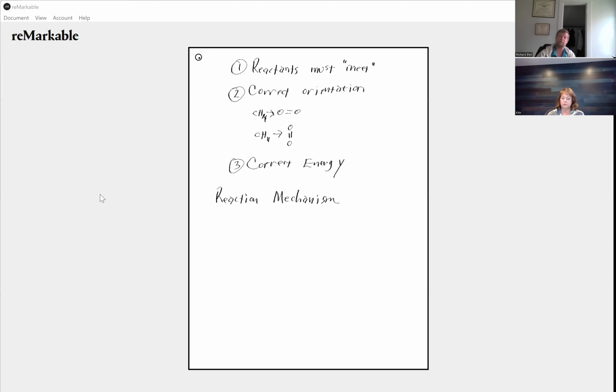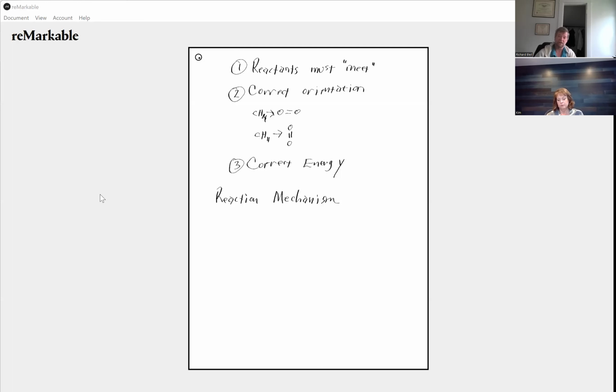So we have to propose, in our methane example, that the methane and the oxygen will collide in order for the reaction to activate.